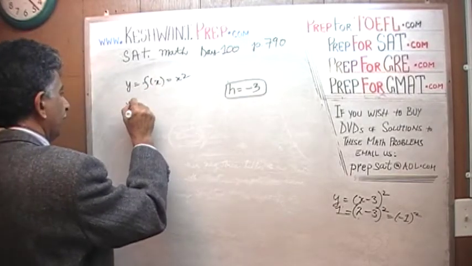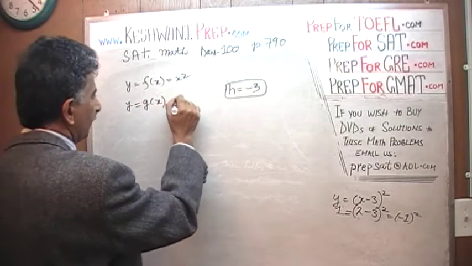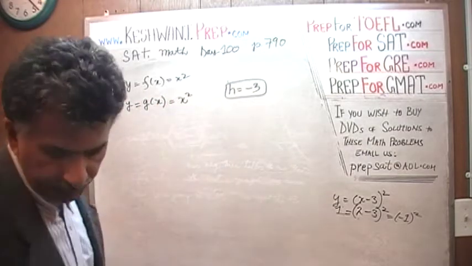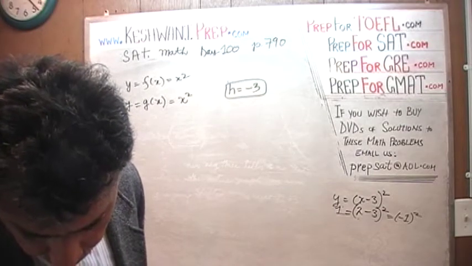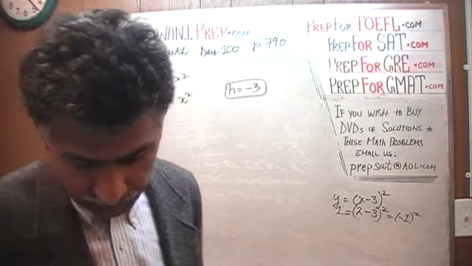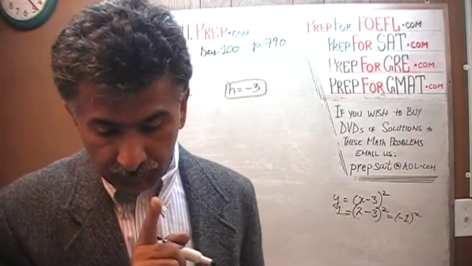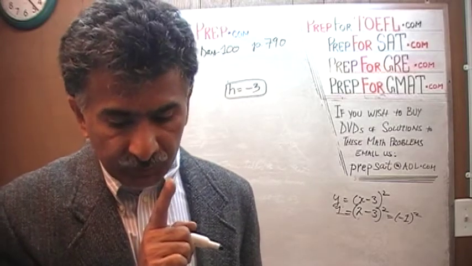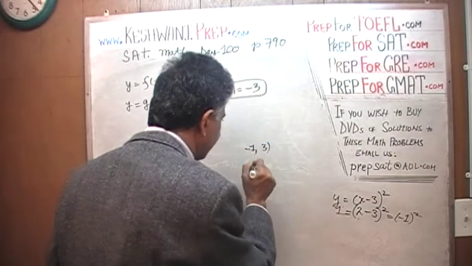Now what's going to happen if we write a new relationship, g of x equals x squared minus something? You see they're shifting it down. If you look at the graph, it's been shifted down. The question is how many units. Look at the graph on the left hand side and you will see that the peak appears at negative 1 and 3.